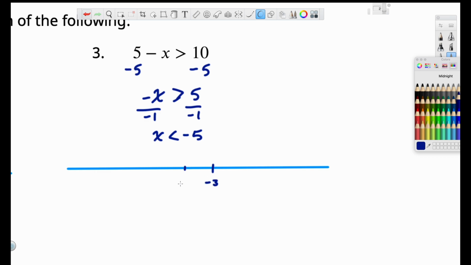Negative 3, negative 4, negative 5, negative 6. So we're saying open circle on the negative 5 and everything to the left. That one's done.